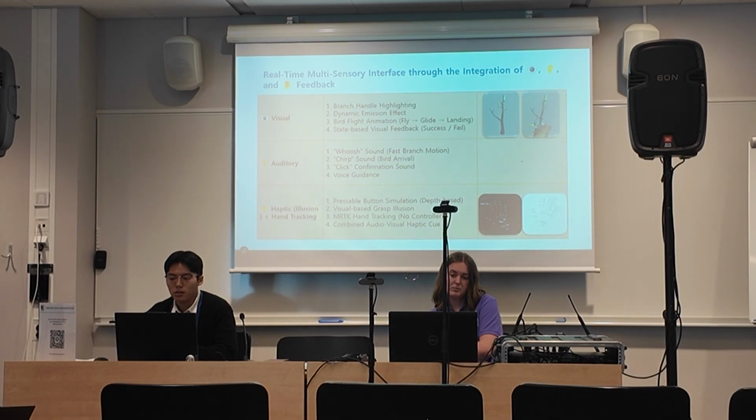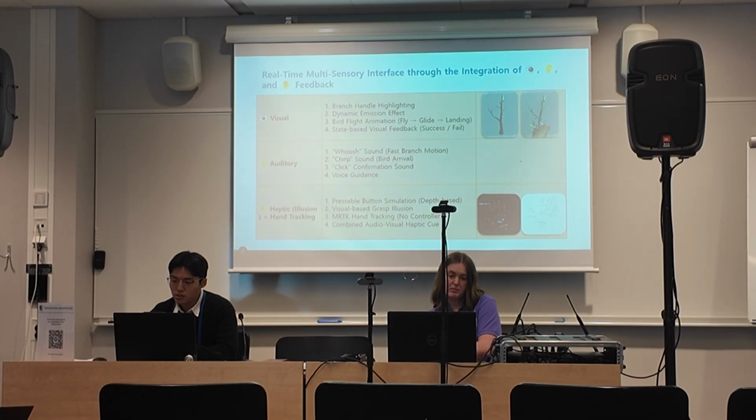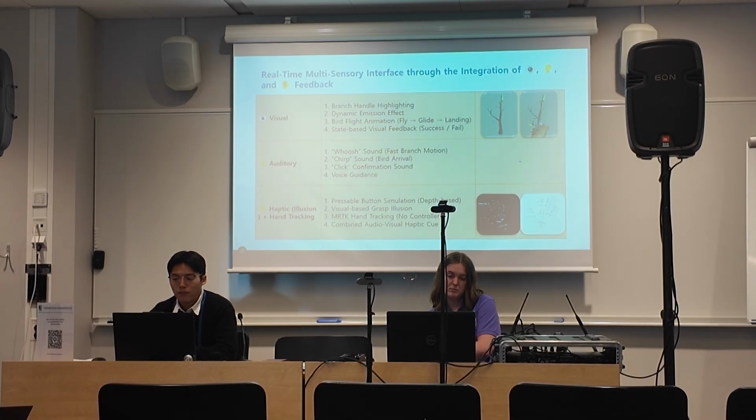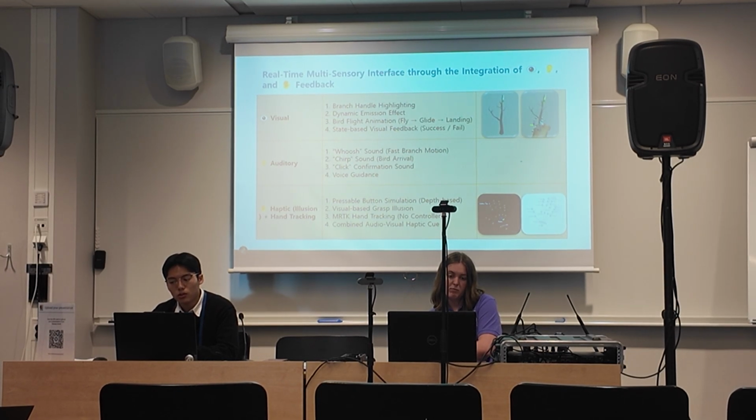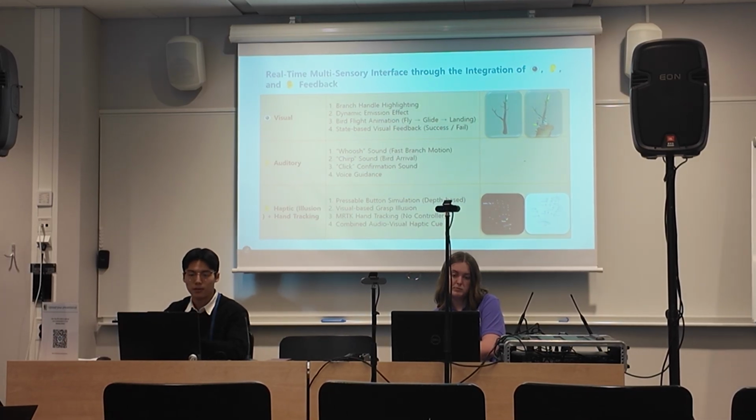Users can immediately see if they're performing the exercise correctly, because the caterpillar disappears when they do it right. For sound, we added effects like push, chirp, and click sounds and also included voice instructions to guide users clearly.